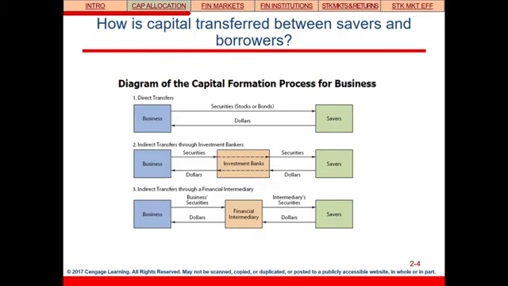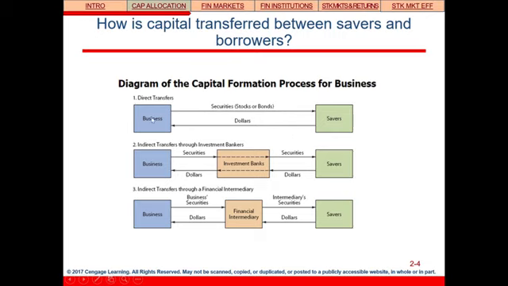But both are securities. So savers are investors who have surplus of money. They give the money to business, so dollars come from savers to business, and then business issue securities to savers. There's no middleman in between. There are only two participants, two parties in this process. So this is direct transfer.